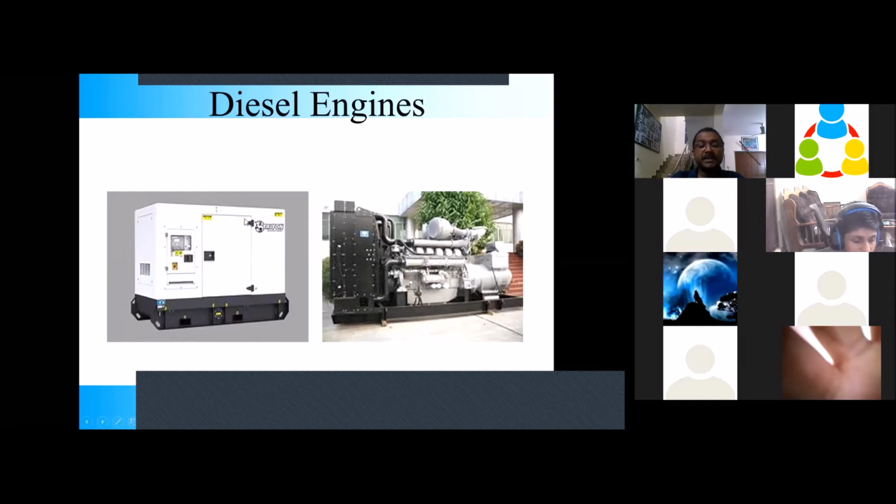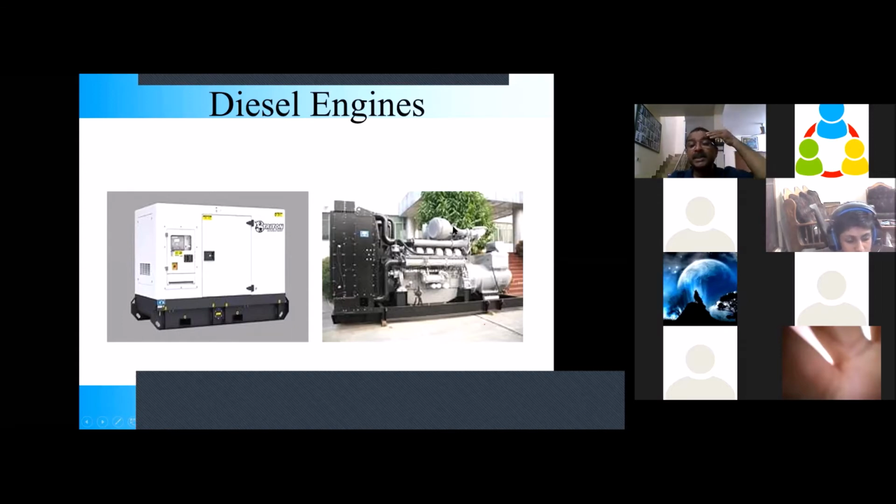It is covered, and if you remove the cover, you can see it like this. Actually, it is a diesel engine. Here it has 5 cylinders. This portion is a filter, like the air filter in your car.